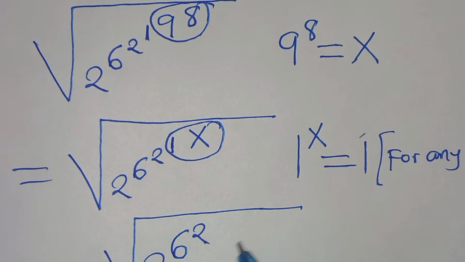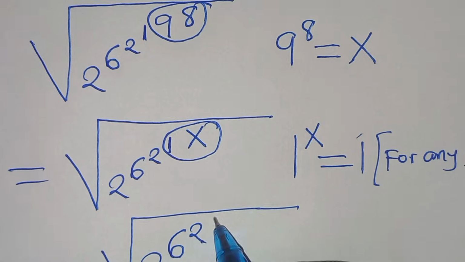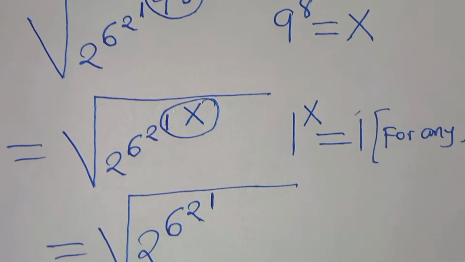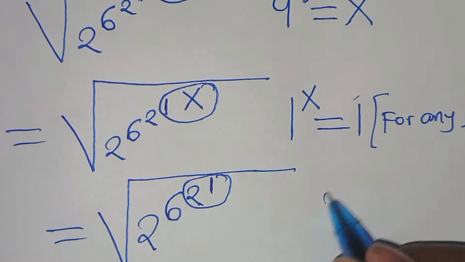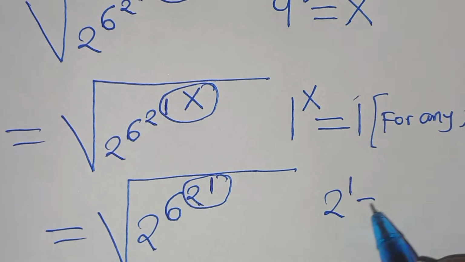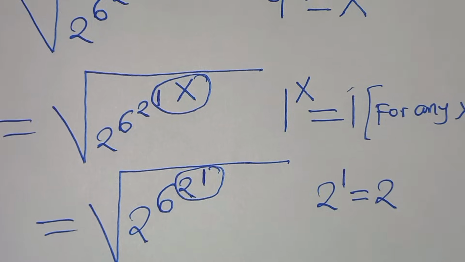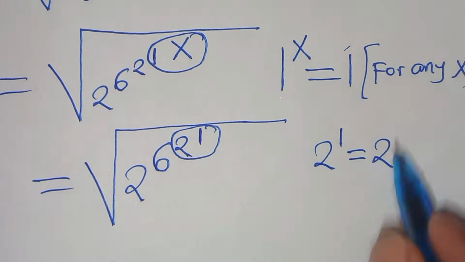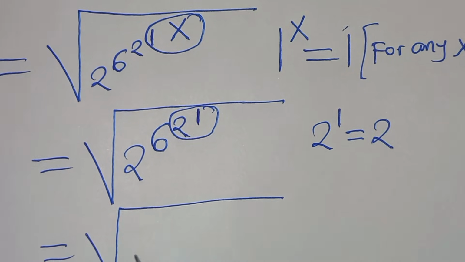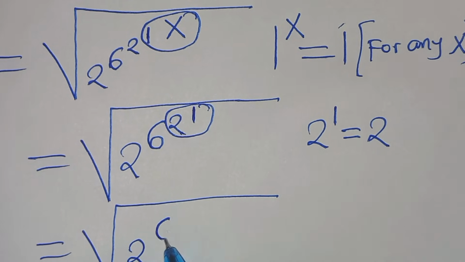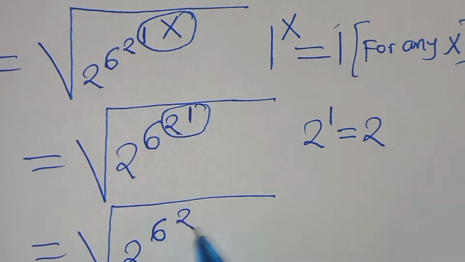Then we have 1 to the power of x, this is 1. Again, we have 2 to the power of 1, this is equal to 2. Let's substitute 2, so that now here we have the square root of 2 to the power of 6 to the power of 2.